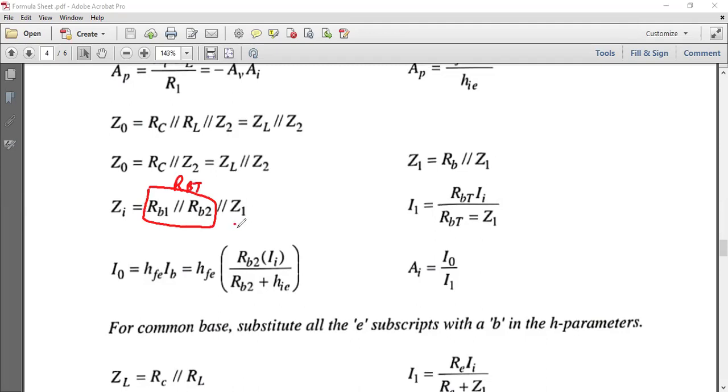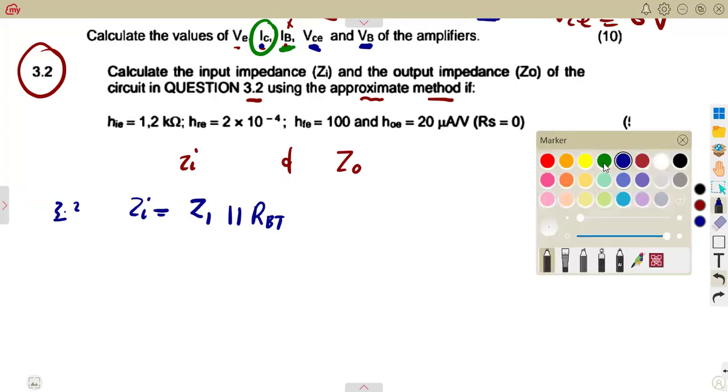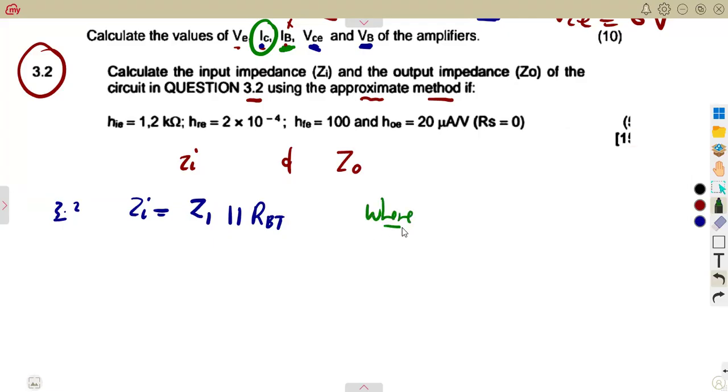The Z1 is the only part that is to be approximated. Otherwise, all those conditions that you had when dealing with equivalent circuits, you're going back as is. Nothing has changed. So we saw that it will be Z1 in parallel to what? RBT, because we've got a parallel combination.